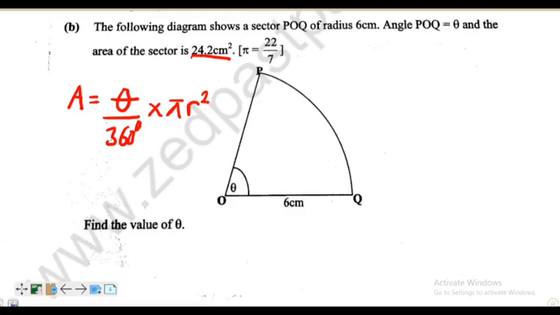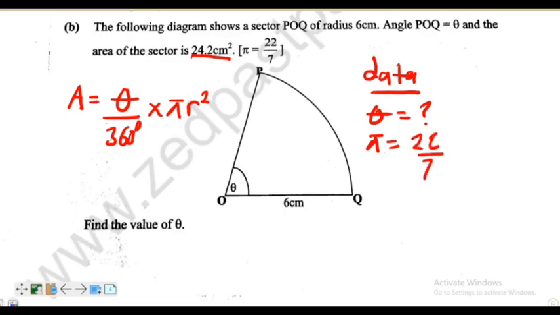Now from this formula we are going to fuse in the data here. Theta is what we want. Then pi, in the equation they have said use pi to be 22/7. All right, then the radius is equal to what? 6. That is the information that you need.